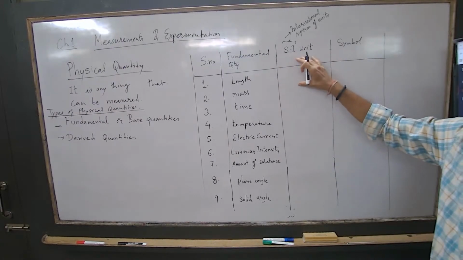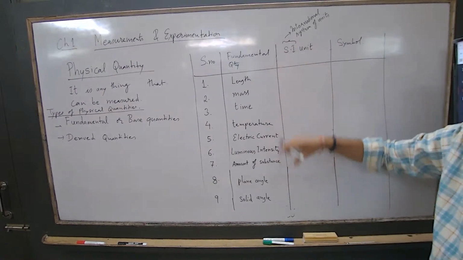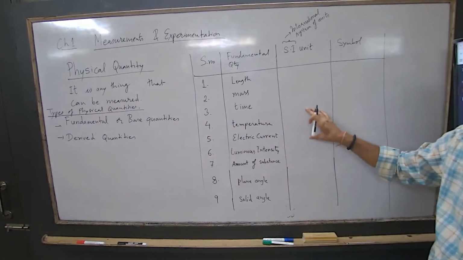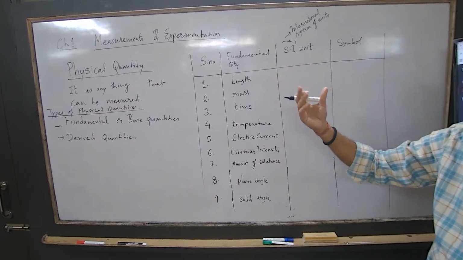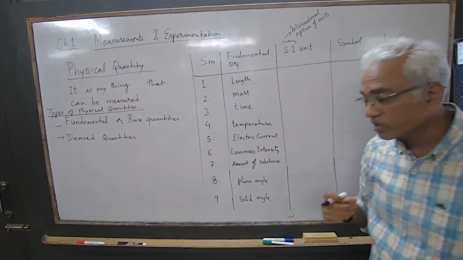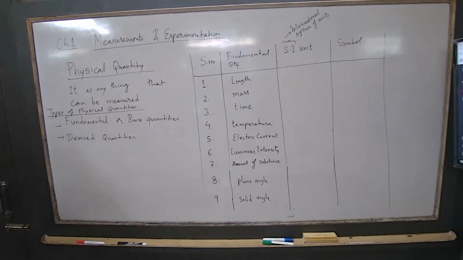The whole world today follows SI units. All the quantities we will be measuring will be in SI units only, unless some other system of units is mentioned. Apart from SI, you have CGS units, and we will see that as we go forward.